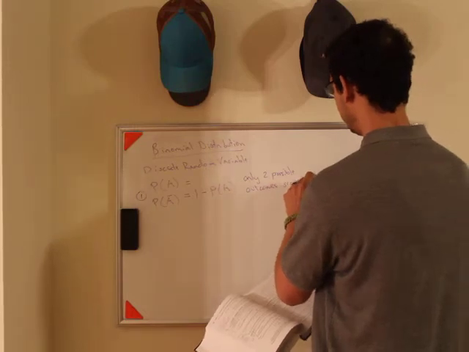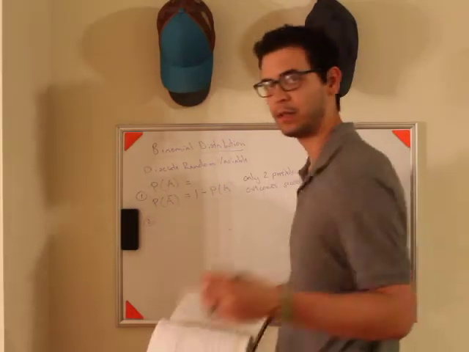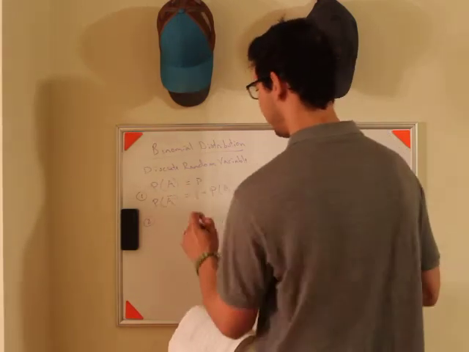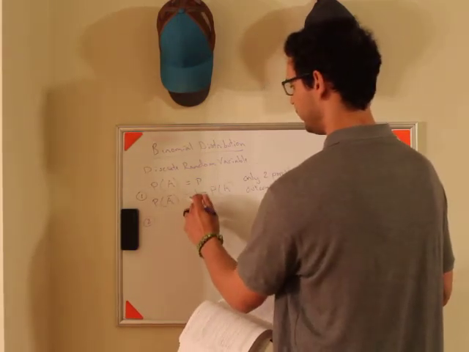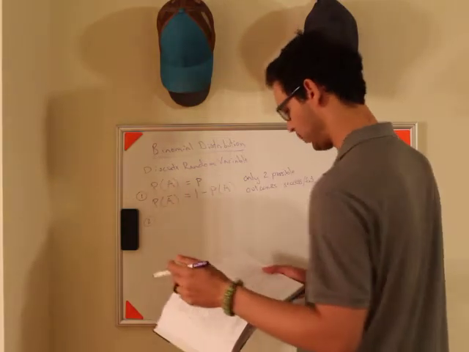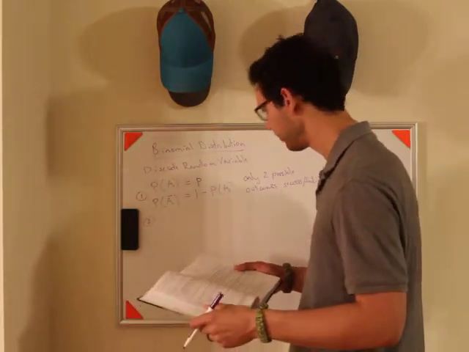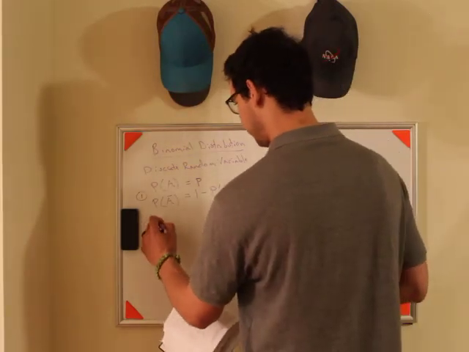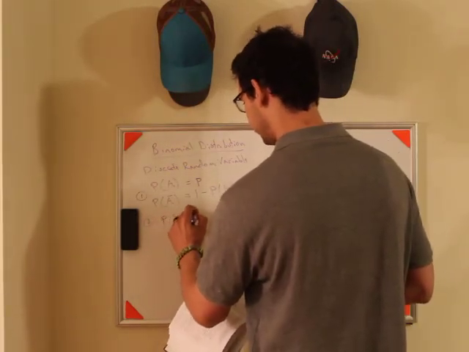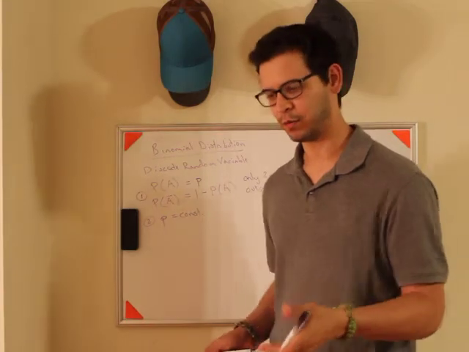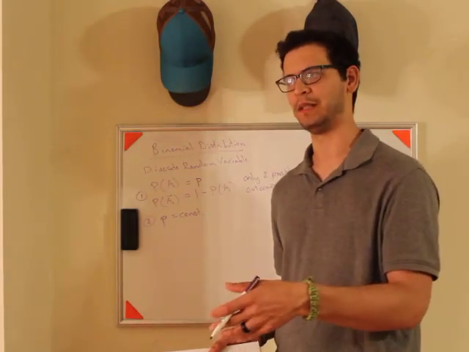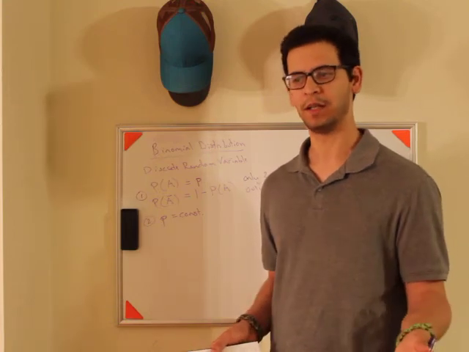The second thing that you need for this is lowercase p. So the probability of A occurring is p. The second thing is that p is a constant, which just means that if you roll the dice, it doesn't lose mass or become sticky or change in any sort of way.